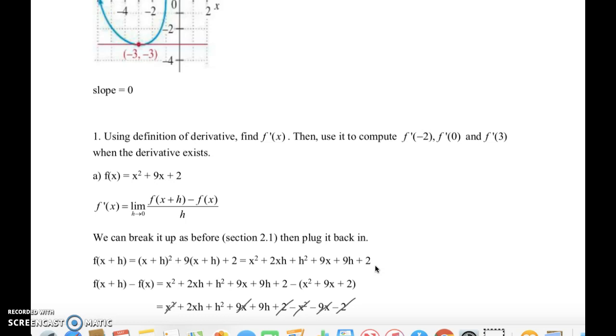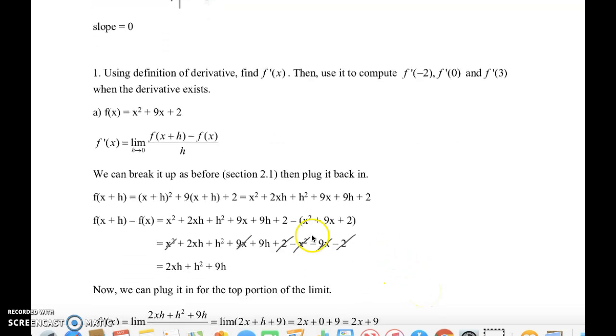All right. We're going to do the subtraction for the top separately. We're not going to plug it into the formula yet. So we're going to take what we just got for f of x plus h, and we're going to subtract f of x. Now, when we do that, remember, we're subtracting a polynomial. So when we subtract a polynomial, remember, we have to put that polynomial in parentheses. And what's going to happen is we are going to be changing the sign of all the pieces in that second polynomial.